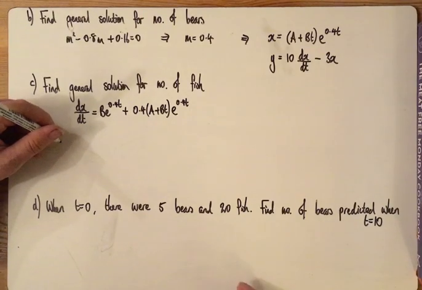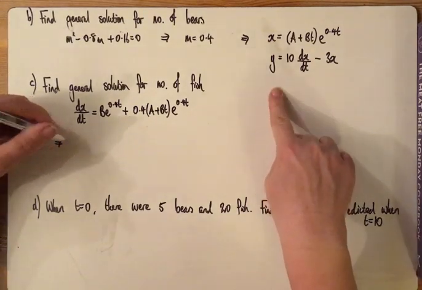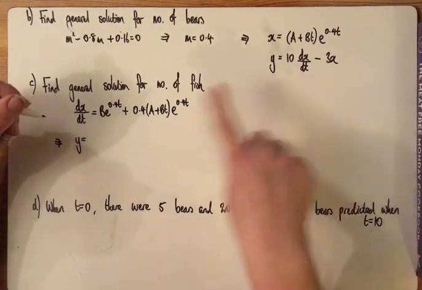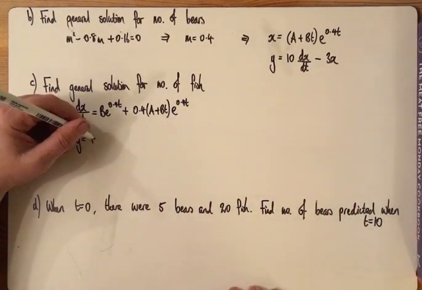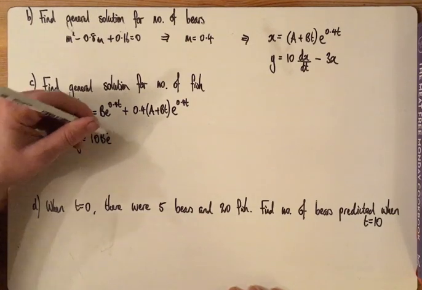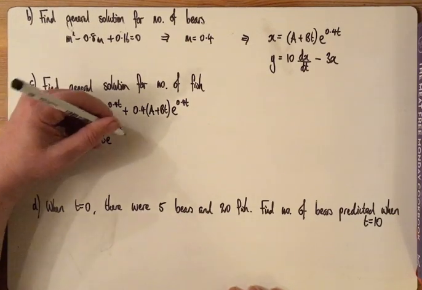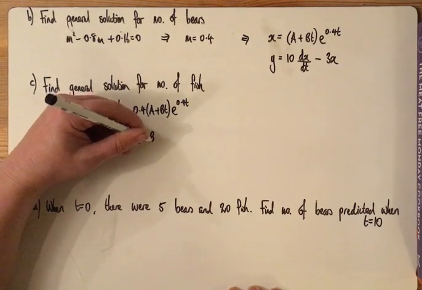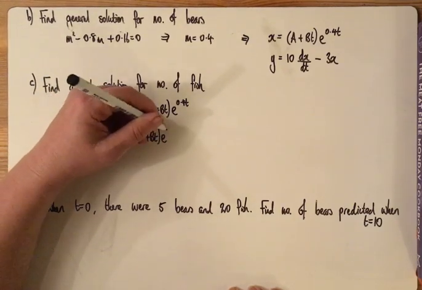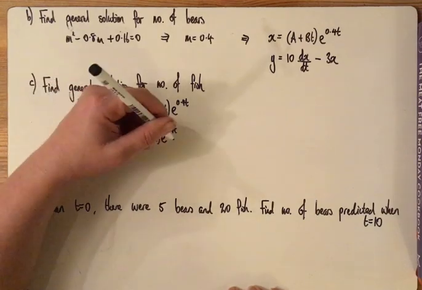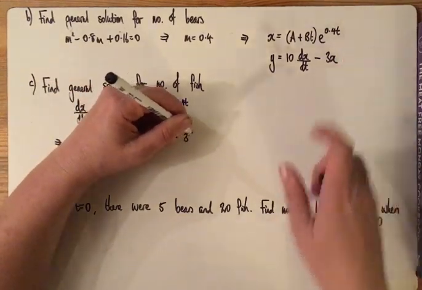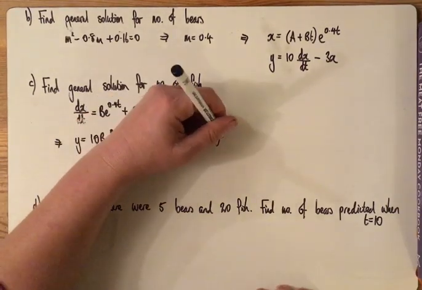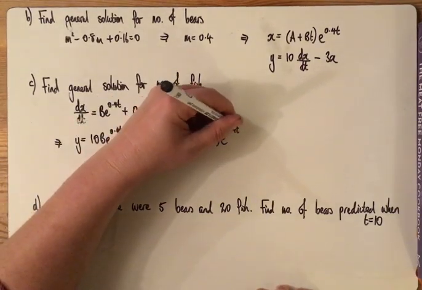And so substituting it into here, y is equal to 10 lots of dx/dt, so 10b e to the 0.4t plus 4 times a plus bt, e to the 0.4t, minus 3x, which is a plus bt, e to the 0.4t.